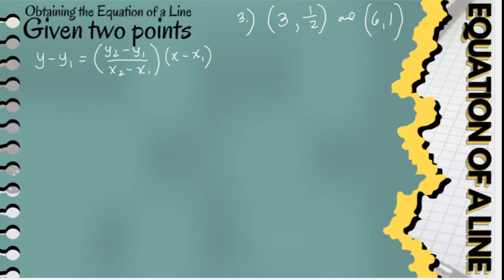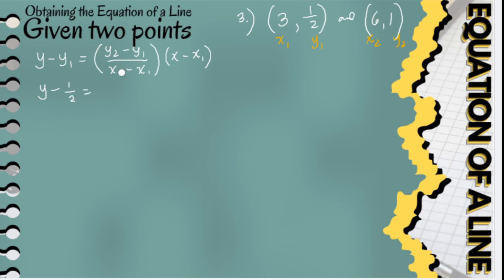Okay, so let us assign the values para hindi kayo malilito, no? Lagyan nyo siya ng label. Yan. So, x sub 1, y sub 1, x sub 2, y sub 2. Okay. Then, now let us have here y minus y sub 1 natin is 1 half.